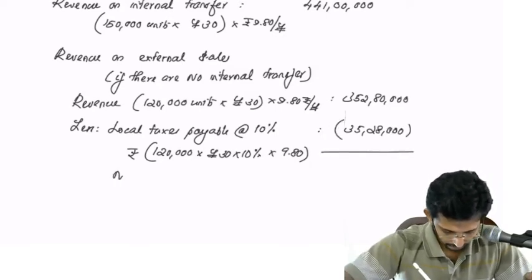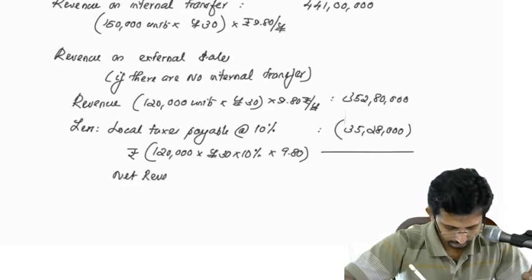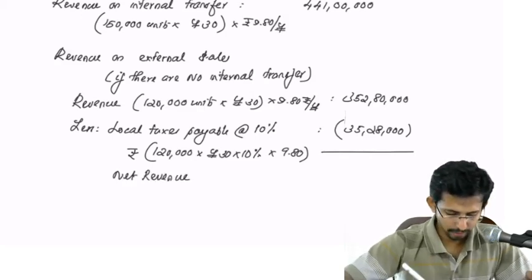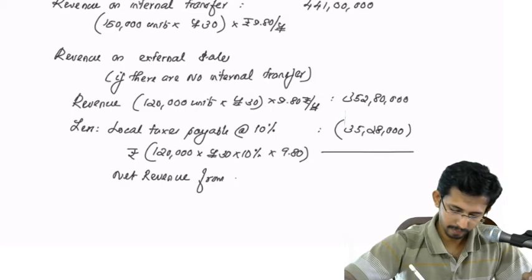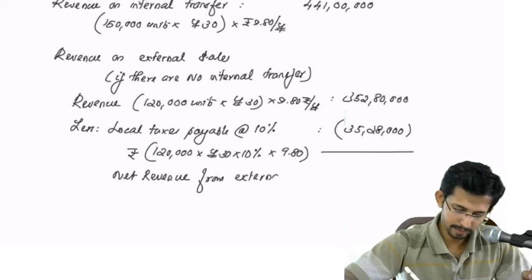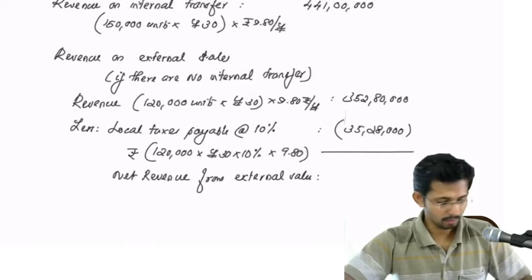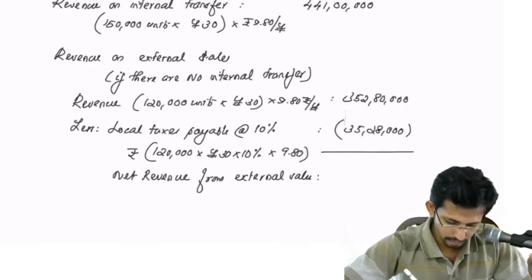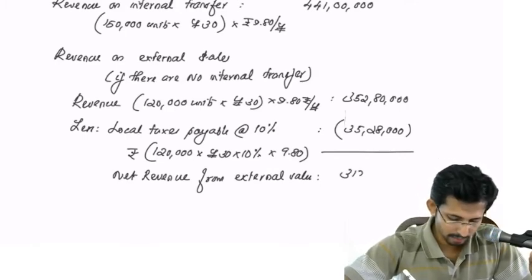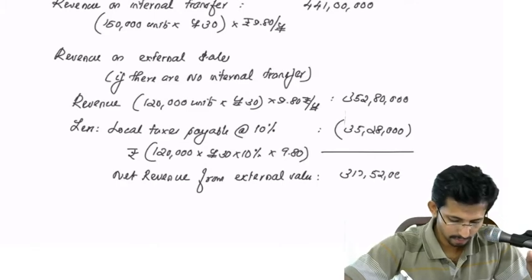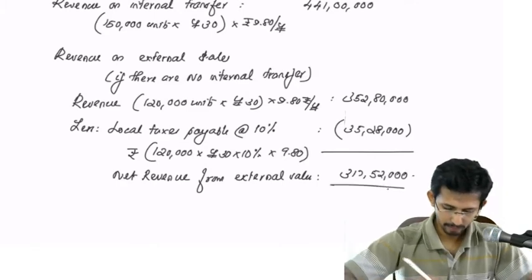Therefore, net revenue from external sales is 352,80,000 minus 35,28,000, that will give you 317,52,000.